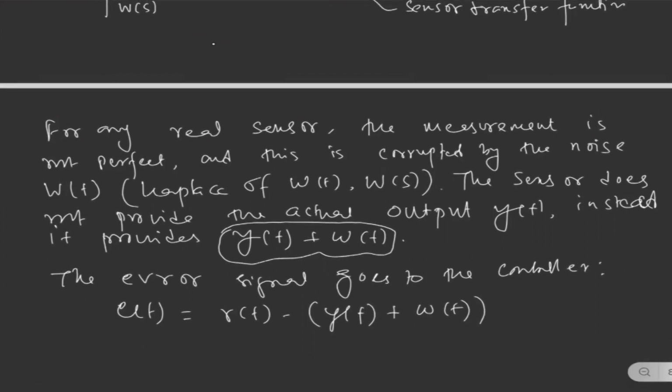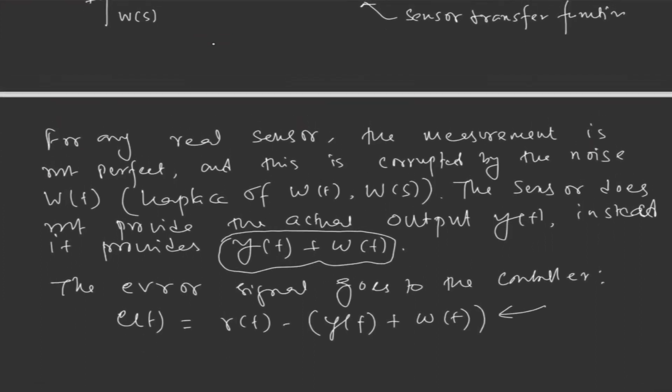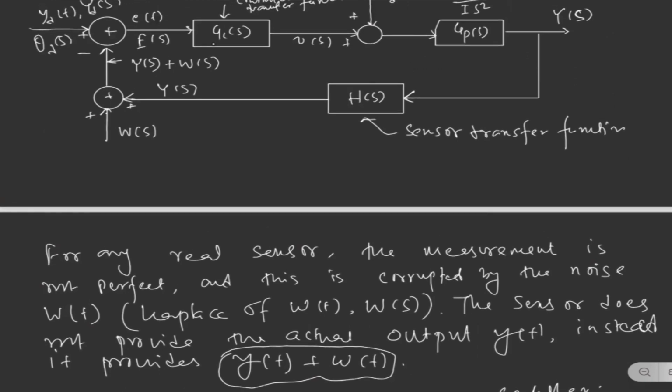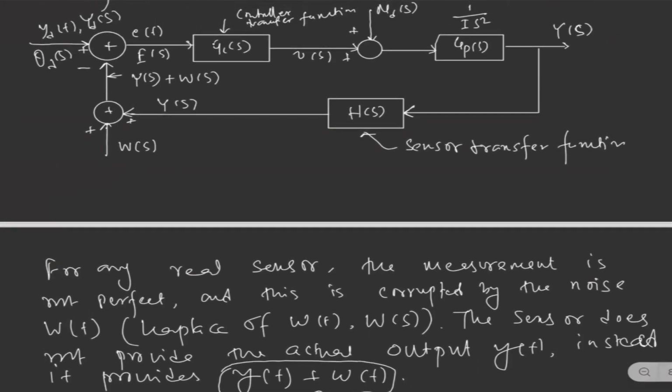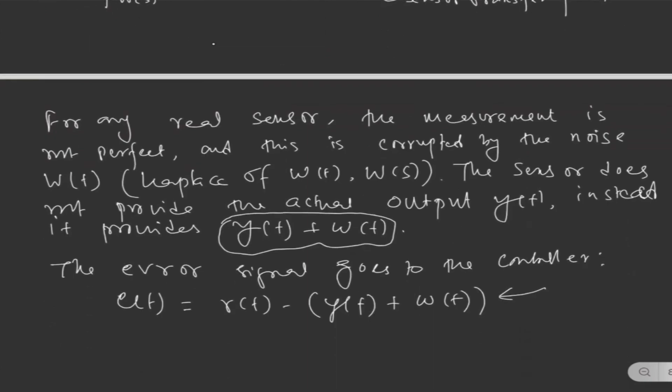This is the error signal that actually goes to the controller block, not the actual y(t) or Y(s). This is the most critical situation we can handle. I mean, it is more practical actually. In practice also, there are errors in the system, in the measurements.